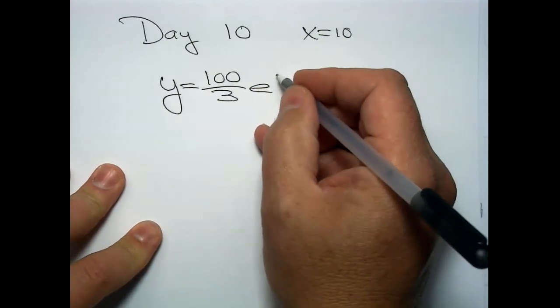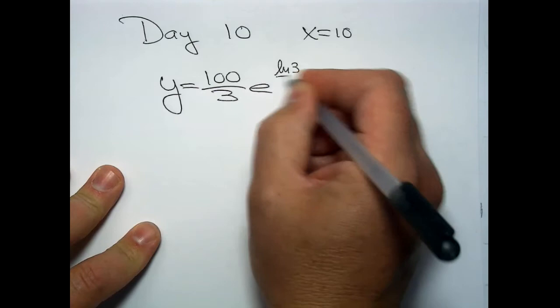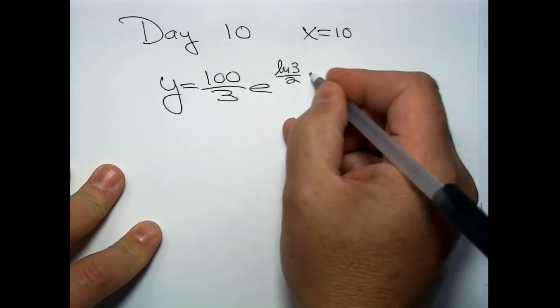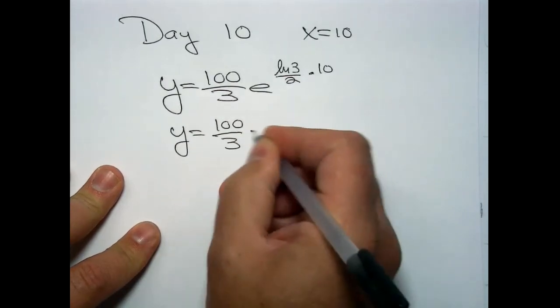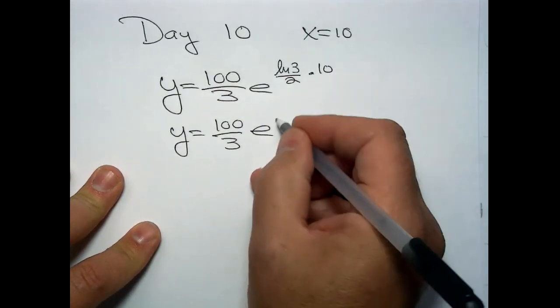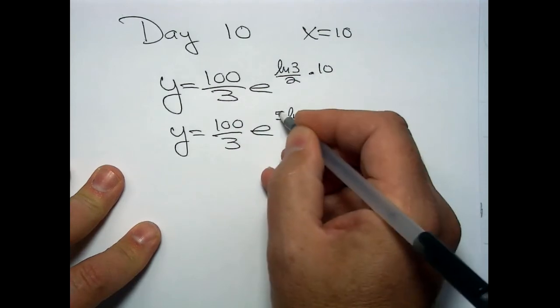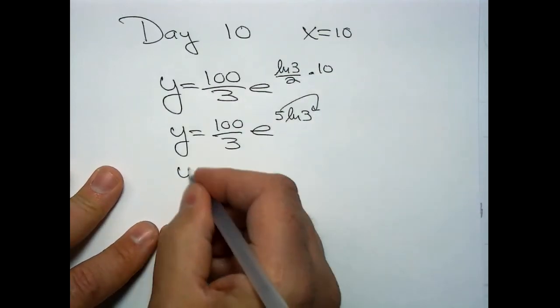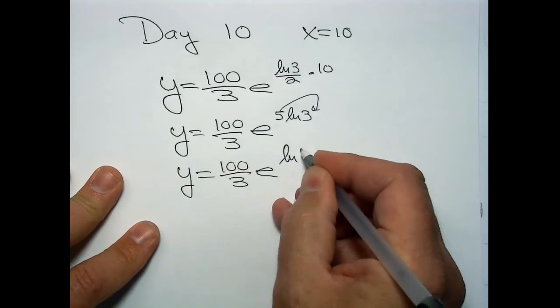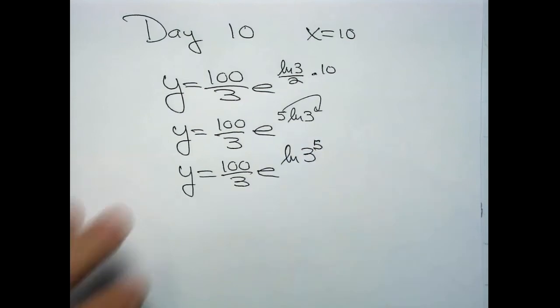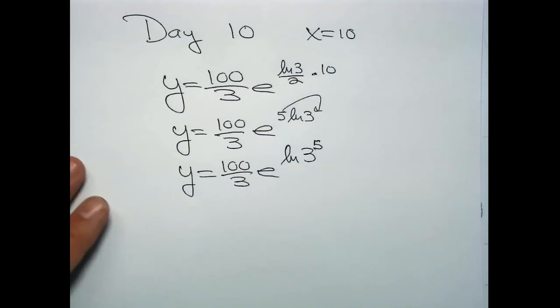So e to the ln 3 over 2, that's the b right there, times x. Well, 10 over 2 is 5. And same trick, we put that up there. Well, it would certainly be nice to know what 3 to the 5th power is. And I'm going to calculate that right now. 3 raised to the 5th power is 243.